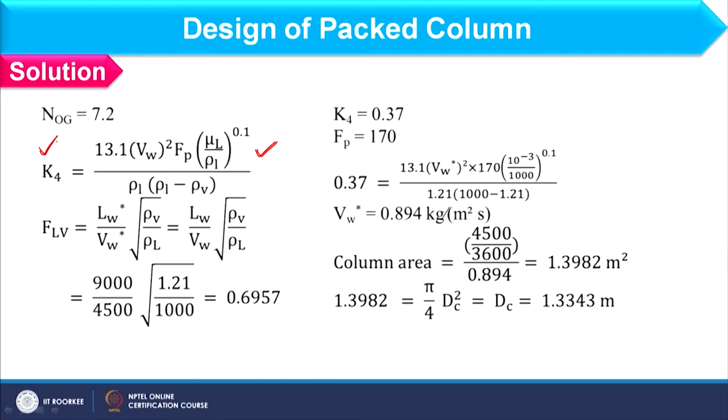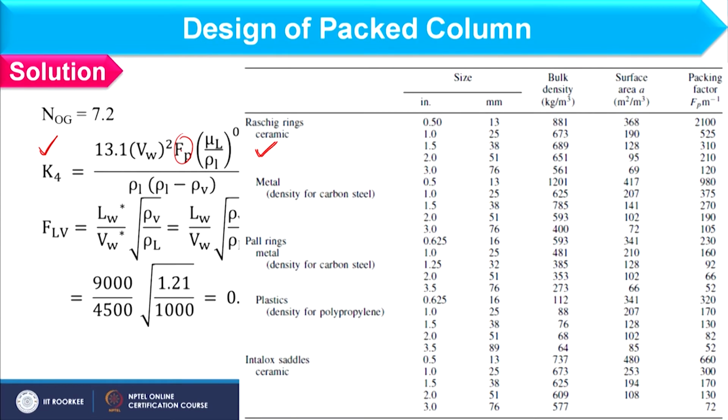Next we have to find out FP, that is the packing factor, and here we have the table of the packings. We are given 38 mm Berl saddle, okay, because Berl saddle is not available in this table, that will be close to the Intalox saddle, and we can use this packing instead of Berl saddle.